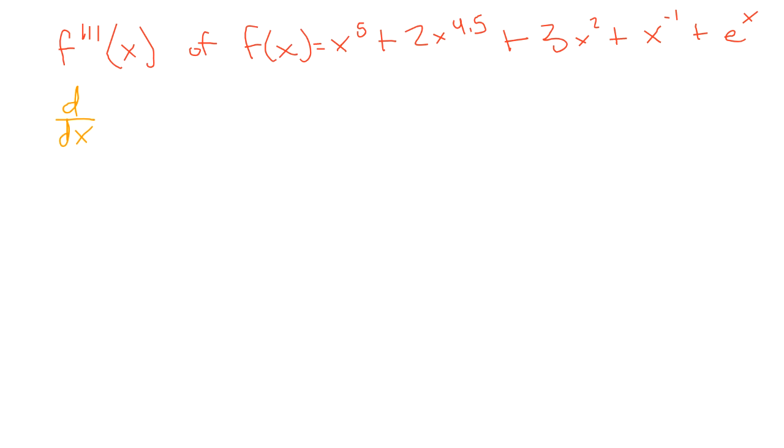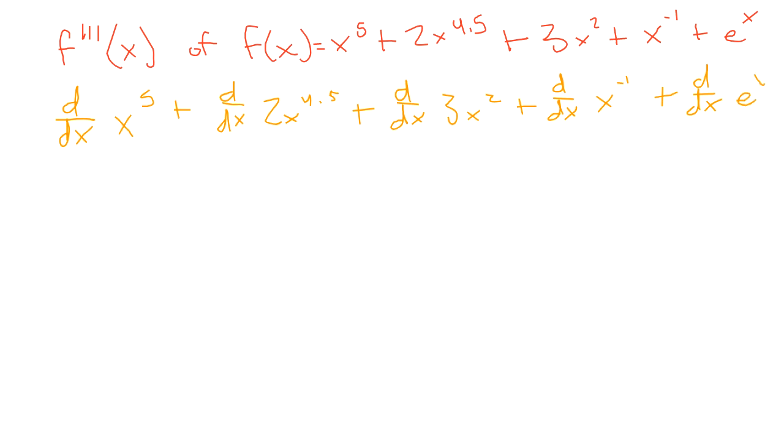We have d over dx of x to the 5th plus d over dx of 2x to the 4.5 plus d over dx of 3x squared plus d over dx of x to the negative 1 plus d over dx of e to the x.